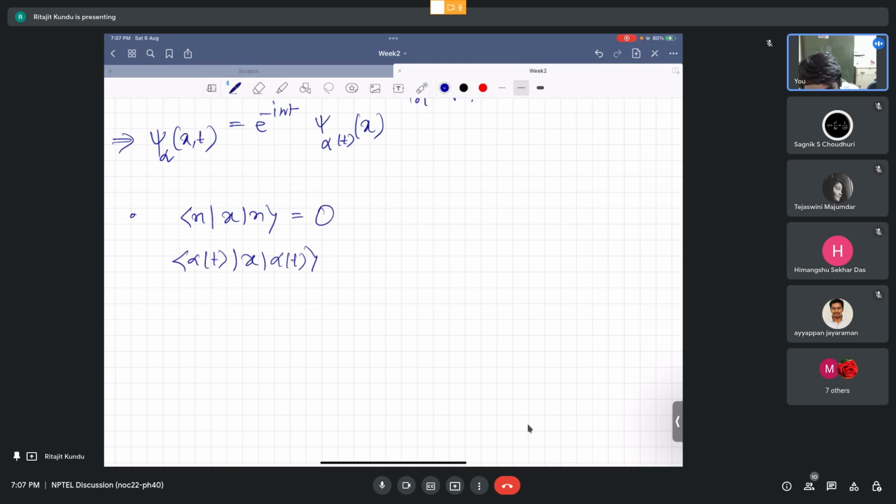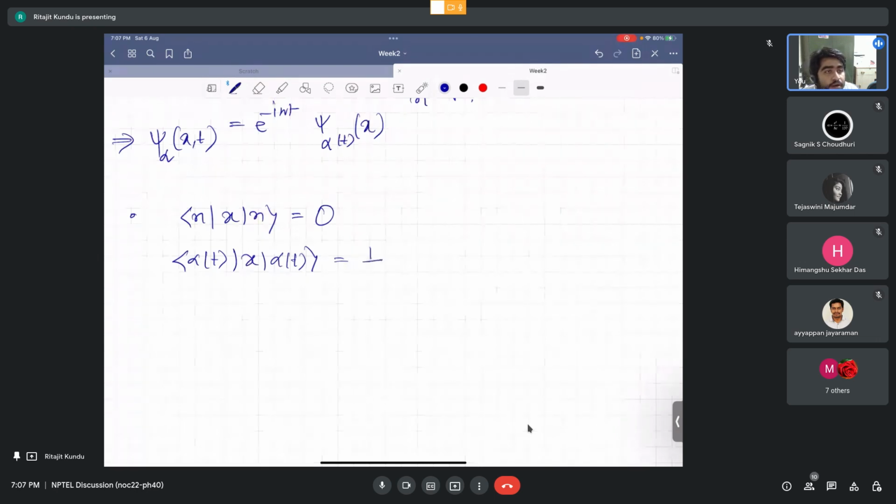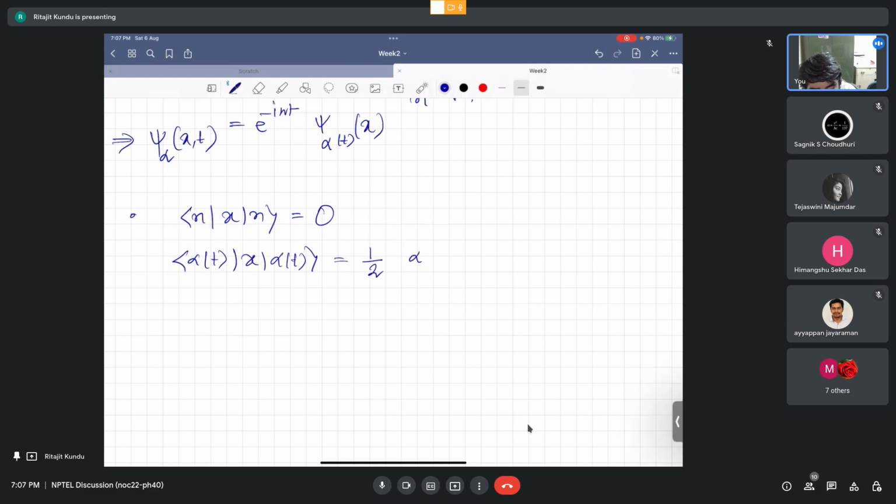Okay, so let's use the x definition in terms of the creation and annihilation operators. So this is 1/2 <alpha(t)| (a + a†) |alpha(t)>.